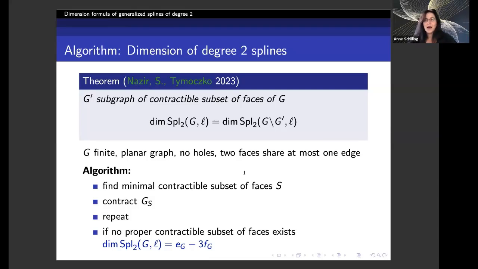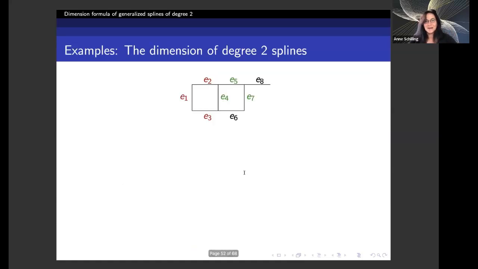Okay, so now after all the theory, let me give you some examples. So here's again one example that we had before, right? So we have 2 faces, we have 8 edges. Now what I'm going to show you is how this edge injective function works.